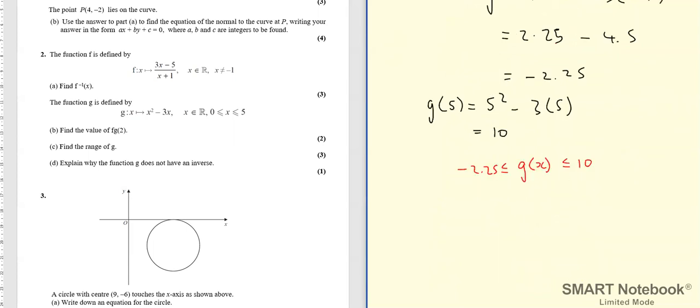Now, let's move on to part D. The question is, explain why the function g does not have an inverse. Only one-to-one functions have an inverse, and g of x is not a one-to-one function.